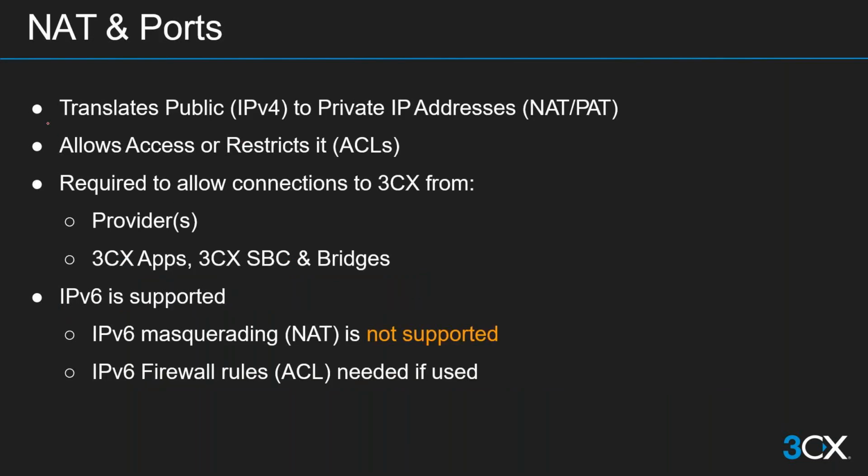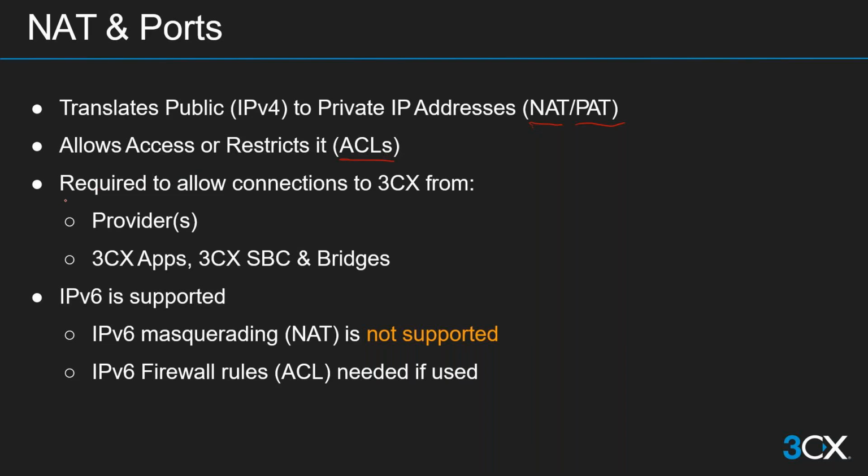Now, NAT and ports. NAT translates public IPv4 addresses to private IP addresses. NAT is network address translation, PAT is port address translation. It allows access or restricts it. We can have ACLs in place.